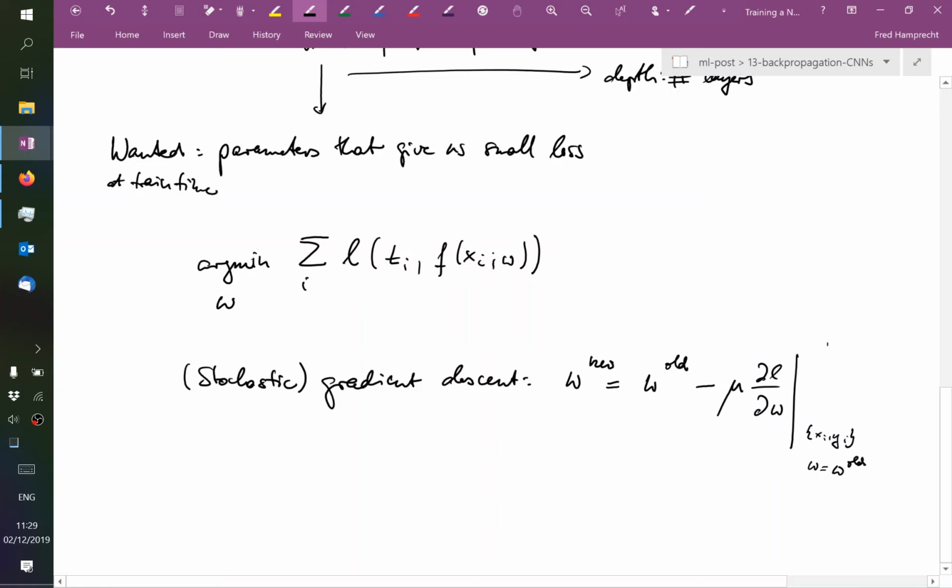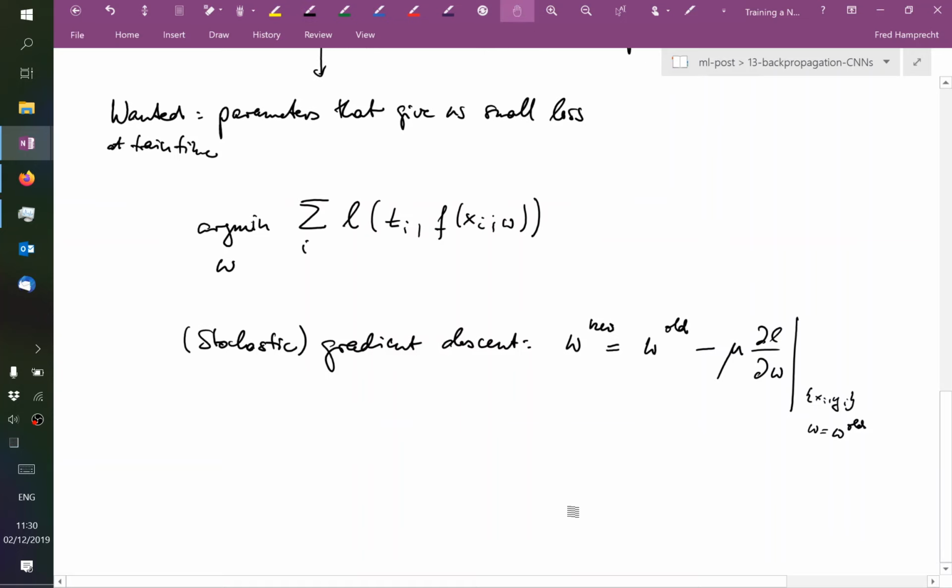So we're not looking here for some purely symbolic expression. Because we evaluate here conditioned on specific observations and conditioned on our current choice of parameters, we want to get out real numbers here. All right, now because neural networks are nested functions, we need to apply the chain rule, and we can think about how to do this efficiently.